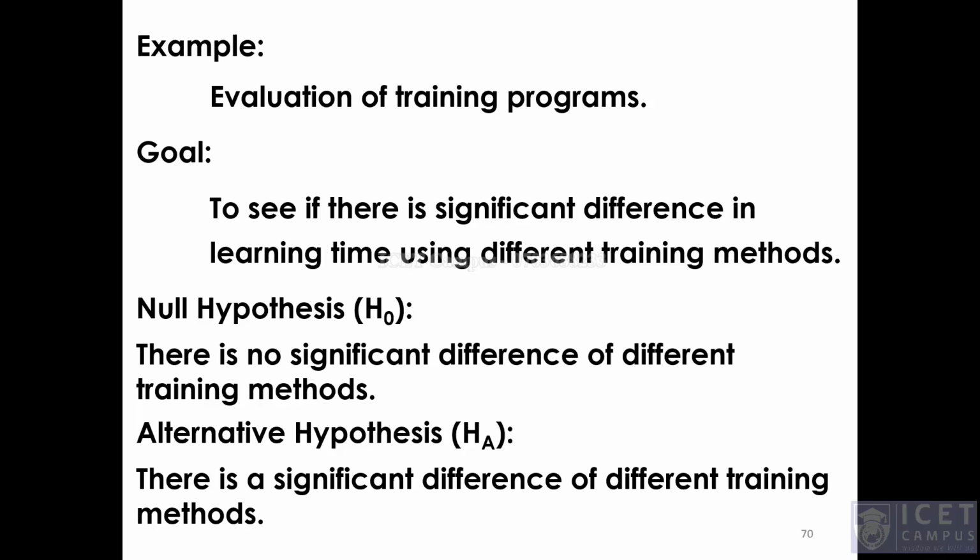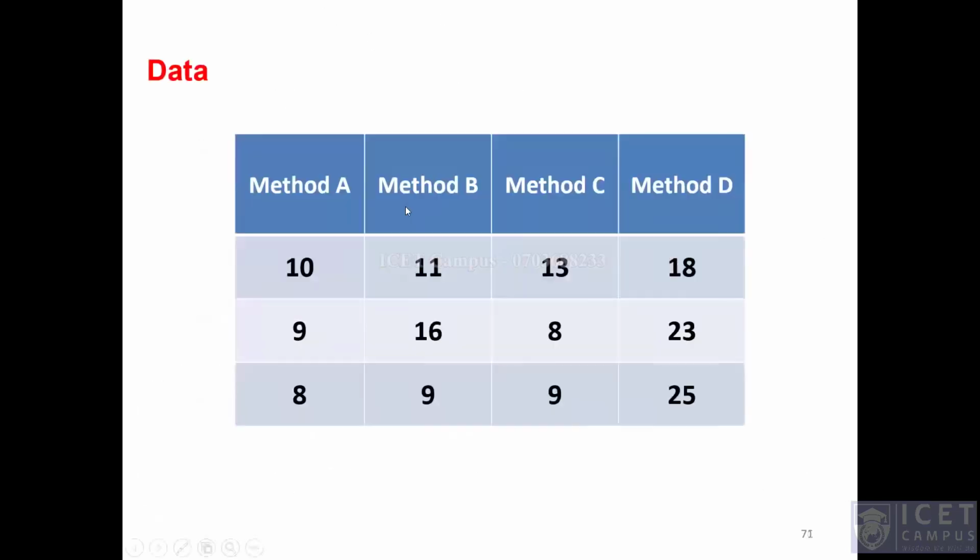The null hypothesis: there is no significant difference between training methods, and the alternative hypothesis: there is a significant difference between these training methods. These are the data. There are four methods, A, B, C, and D, and we have to check whether there is a difference between these four methods.